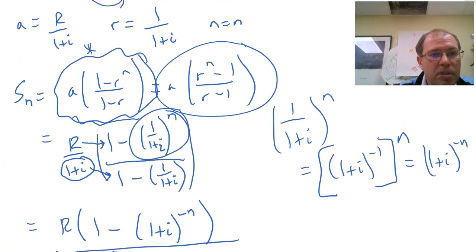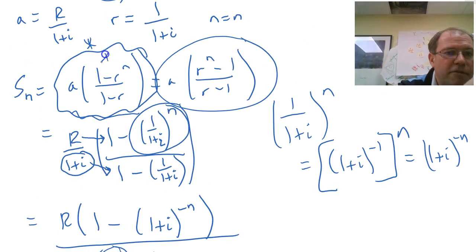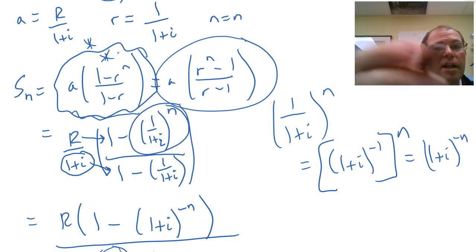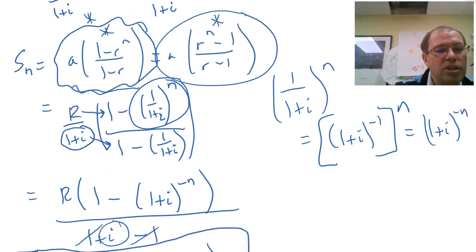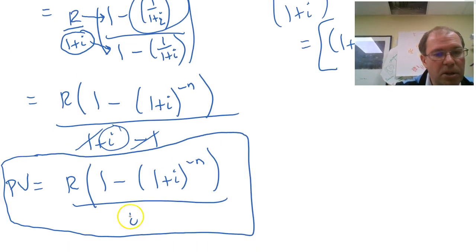That only happened because I chose my favourite formula, 1 minus r to the n over 1 minus r. Of course, a good mathematician chooses the best formula that's most efficient. This one would have been fine. I just would have ended up with a minus i on the bottom, and I would have had to multiply top and bottom by minus 1 to make my present value formula look good.